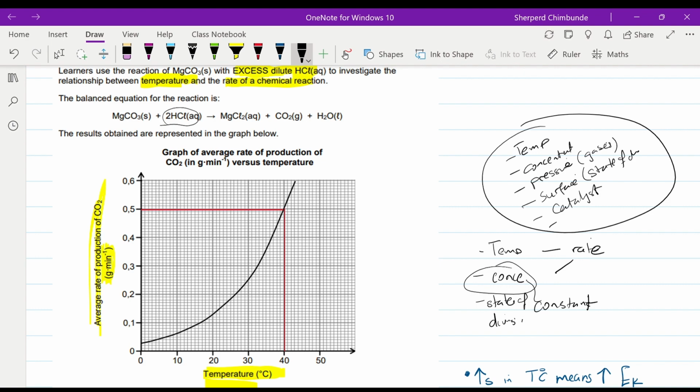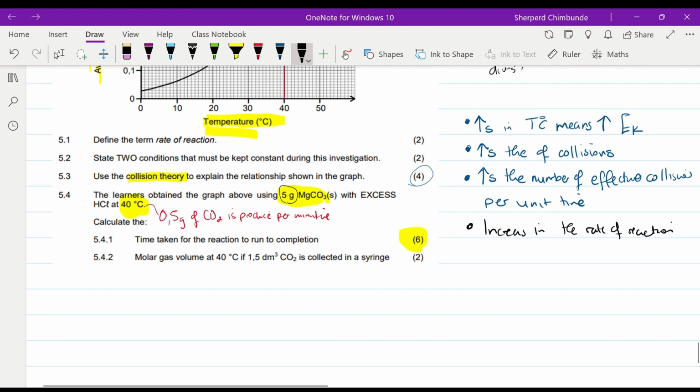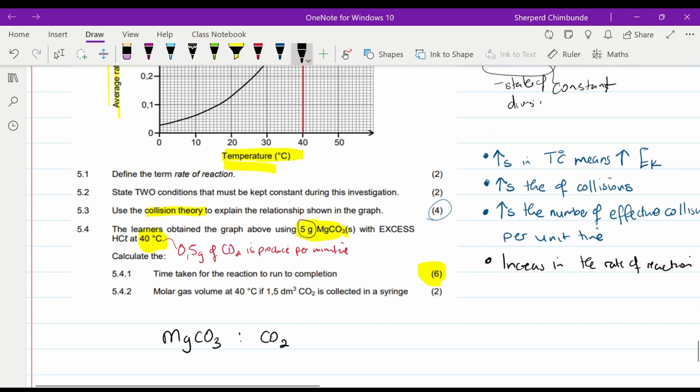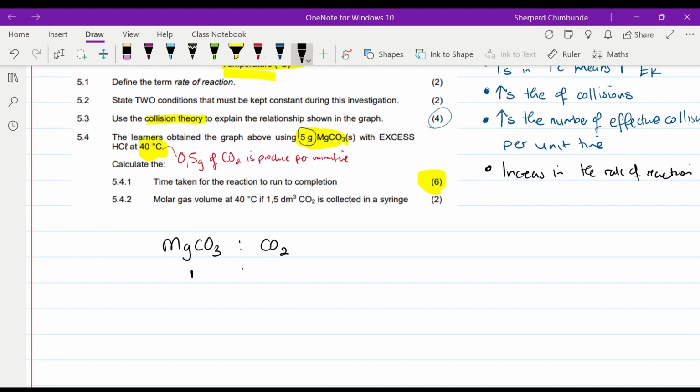So the equation is balanced, and I can get the mole ratio by saying magnesium carbonate as to carbon dioxide. The mole ratio from my equation is 1 as to 1. So 1 as to 1. Very important to show the mole ratio.